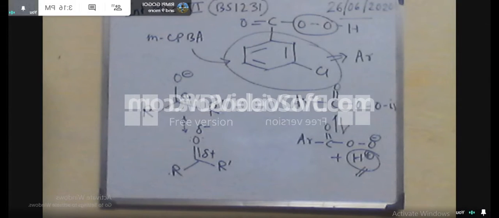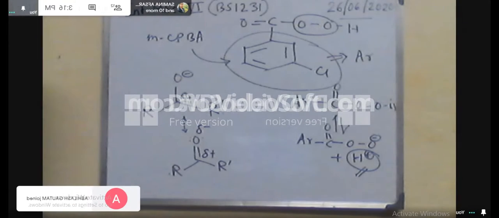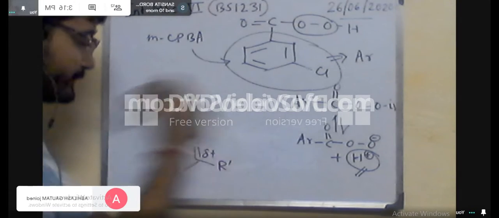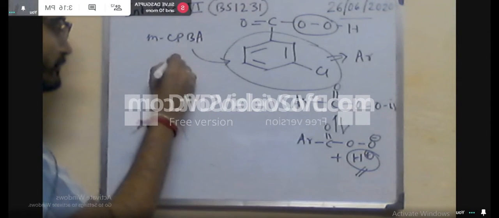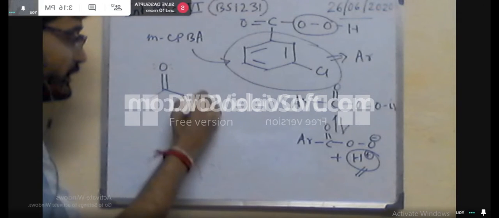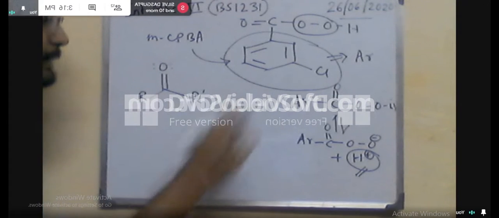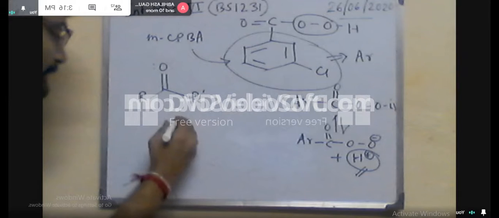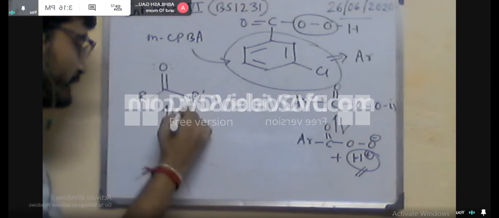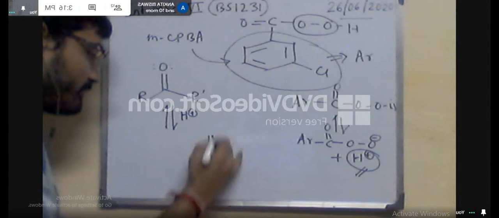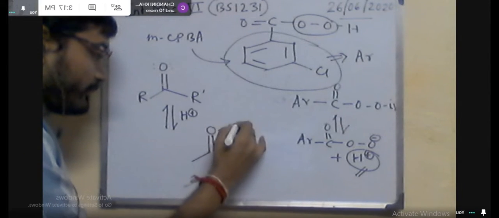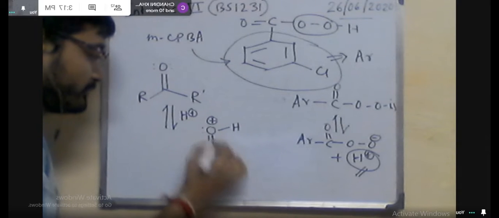So what will happen? In the first step, in presence of the peracid or the peroxybenzoic acid or MCPBA, the first step is the protonation of this carbonyl residue, that means you will get plus R prime R. Now this center becomes more electrophilic.